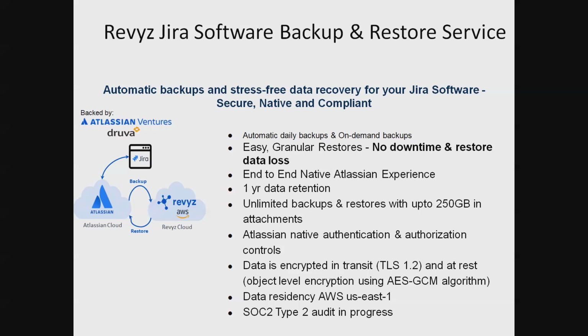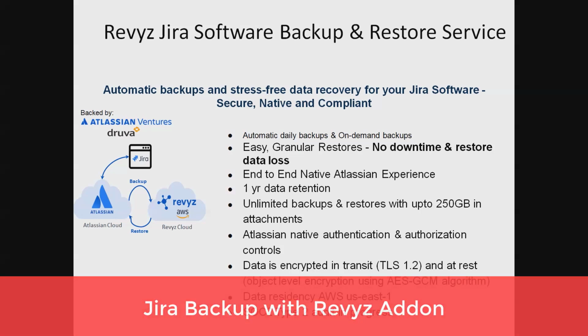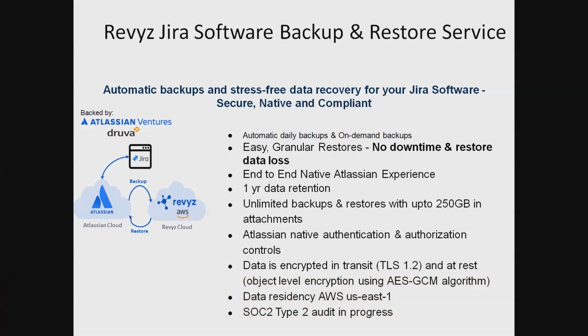One year data retention is available, unlimited backup and restore with up to 250 GB in attachments, and Atlassian native authentication and authorizations. As per security compliance, data is encrypted in transit with TLS 1.2, and at the REST object level using the AES GCM algorithm.